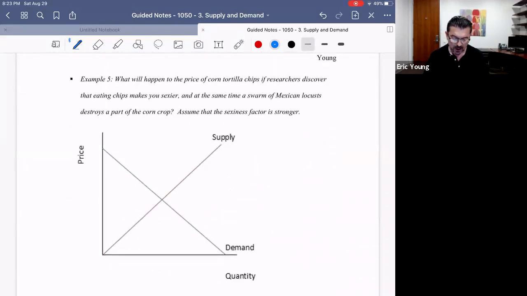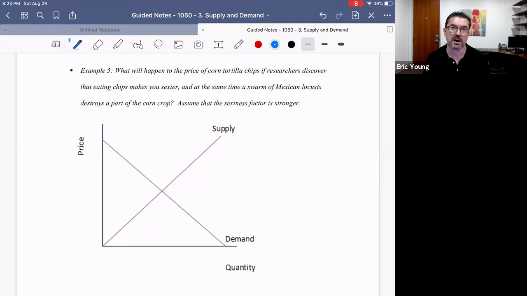Example 5, what will happen to the price of corn tortilla chips if researchers discover that eating chips makes you sexier? All right. And at the same time, a swarm of Mexican locusts destroys a part of the corn crop. We're going to assume that the sexiness factor is stronger, because why the hell not?